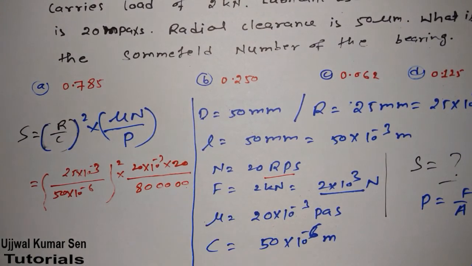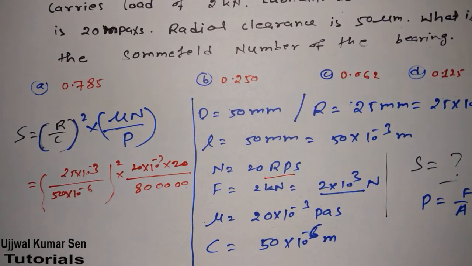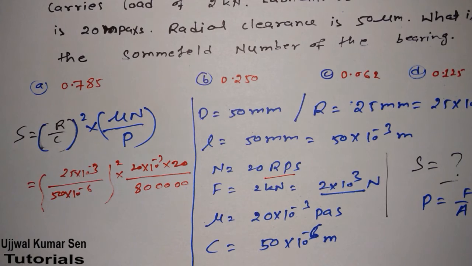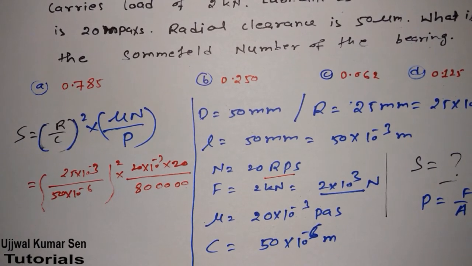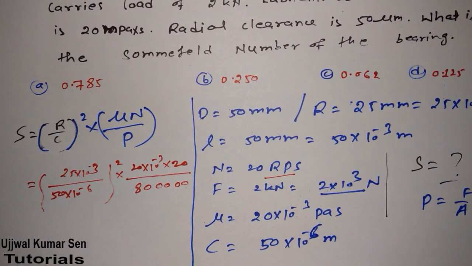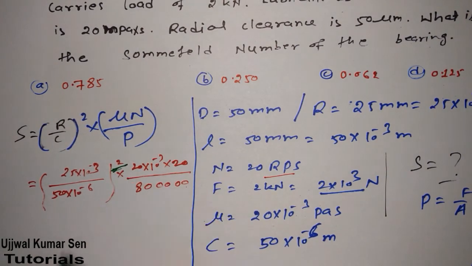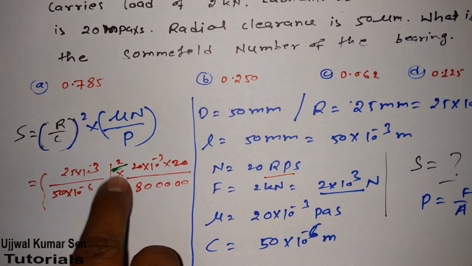Okay. So there is nothing remaining that will create a problem, we just need to solve. One more thing I would like to share with you, where you will probably make a mistake, that is this square. Don't forget this one. You can make a mistake here in the square.